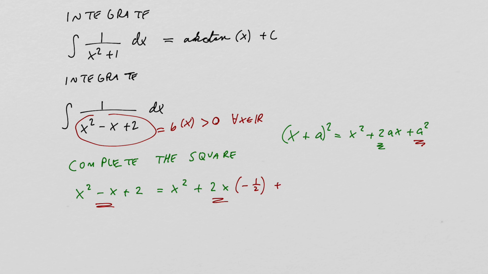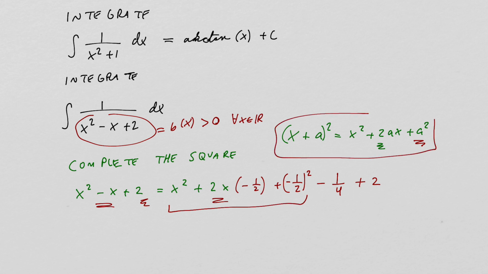Plus 1/2 times -1/2 squared. And let's now subtract it again. Well, we need to subtract 1/4, and then we are missing our number 2. Now we are ready. We can use our formula for this factor here. And what we will get?